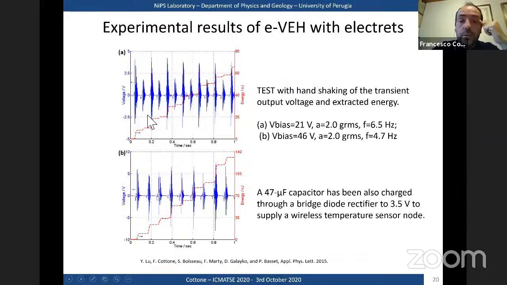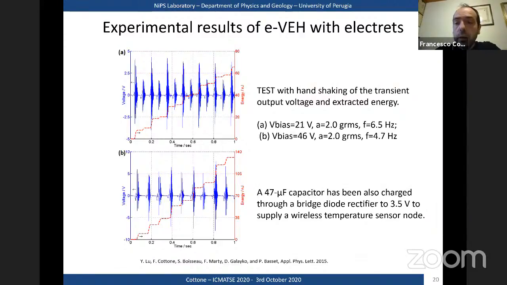By hand shaking we charged a small capacitor, a 47 microfarad capacitor, through a bridge diode rectifier, and this capacitor provided 3.5 volts to supply a wireless temperature sensor node. So the system shaken by hand is capable of providing enough energy to power a small sensor like a wireless temperature sensor node.